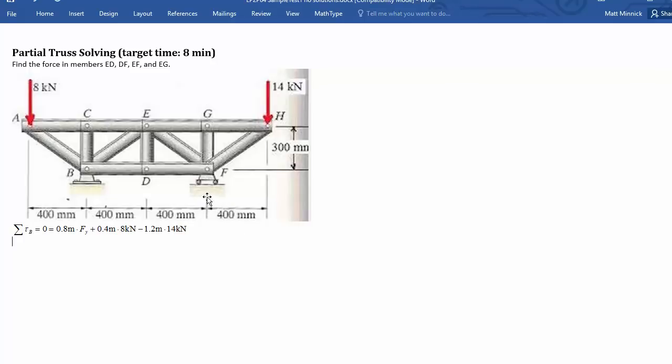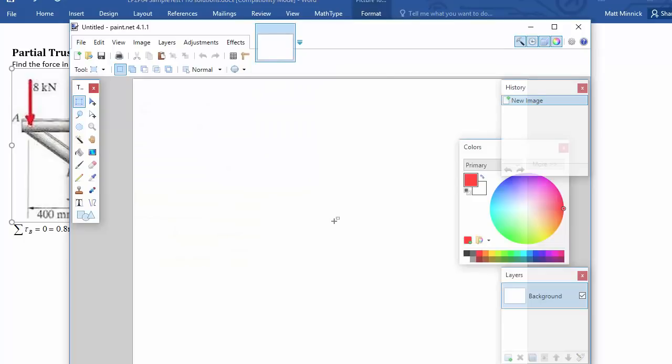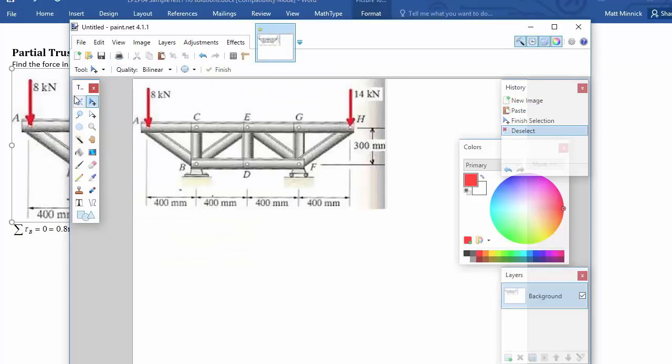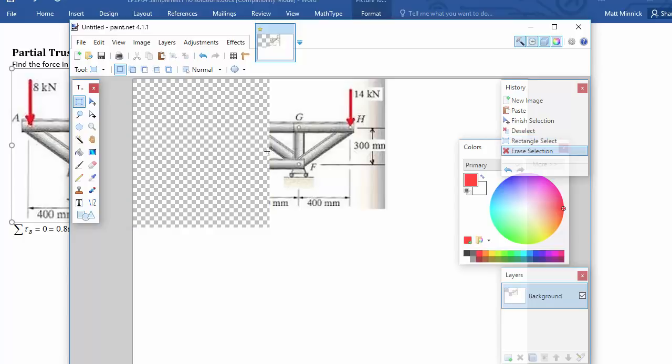Now once we've got that, and we figured out ED is 0, we can section this system between those members that we're interested in, EG, EF, and DF. Let's grab some paint here. And the idea is that this whole half of the thing has to be in equilibrium too, right?